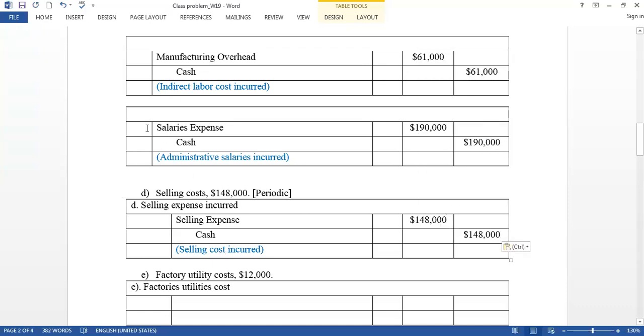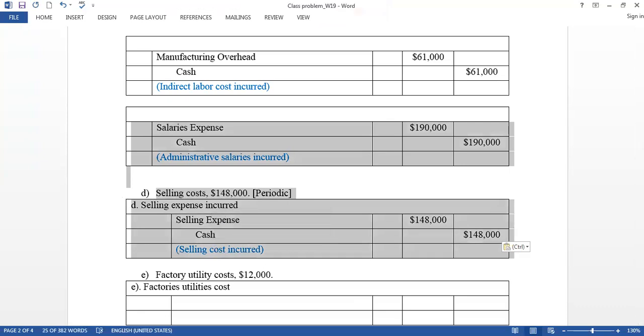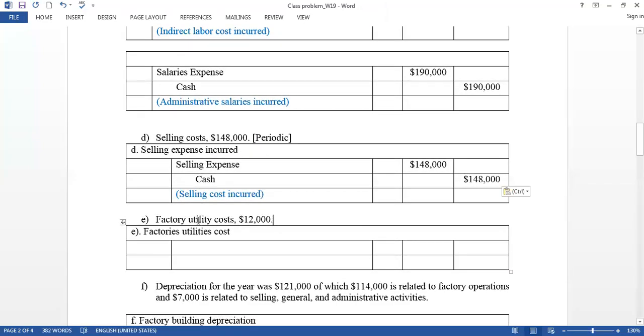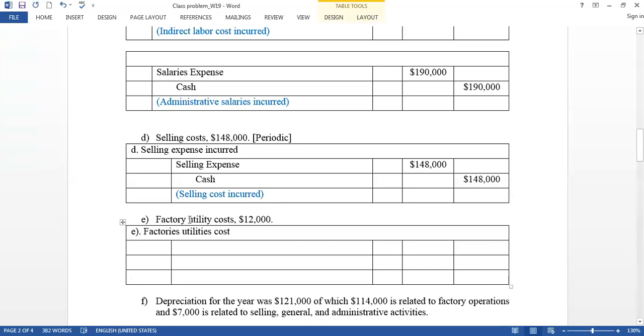So you can see that these journals are similar types because this is periodic. As it is periodic, it is not related to the work in process or manufacturing overhead. Now we have utilities cost, but it is not periodic. Why? Because it is factory, so it should be related with either manufacturing overhead or work in process.